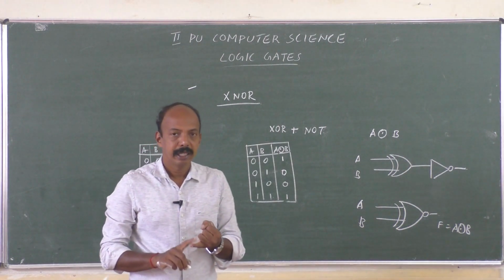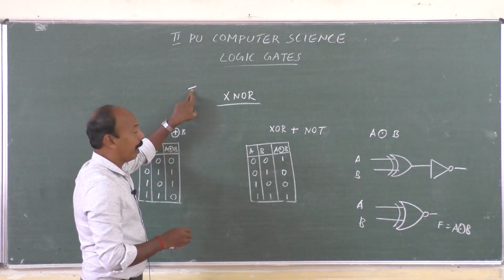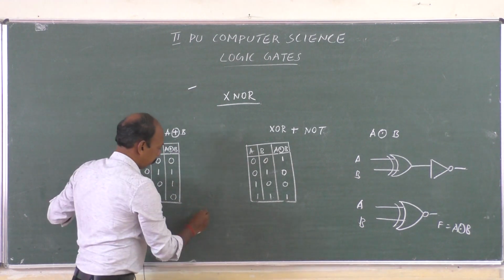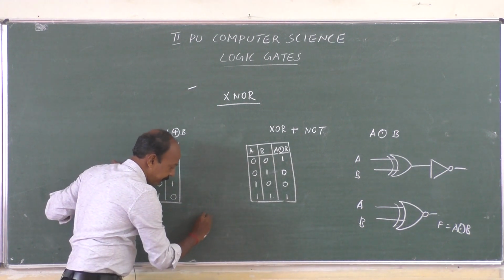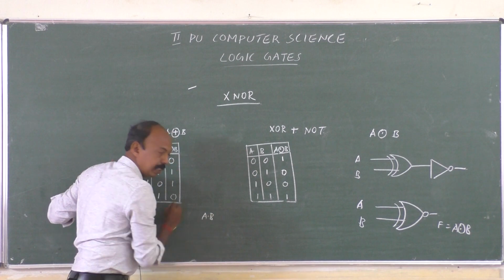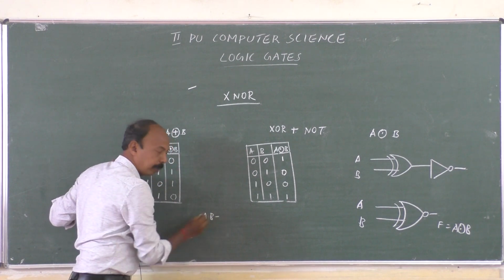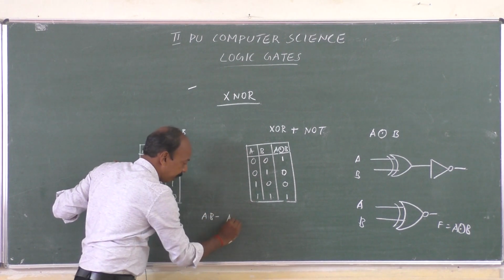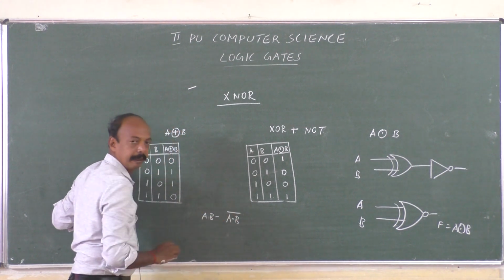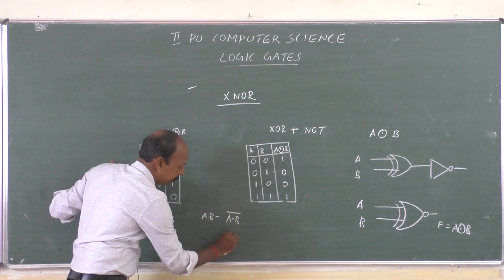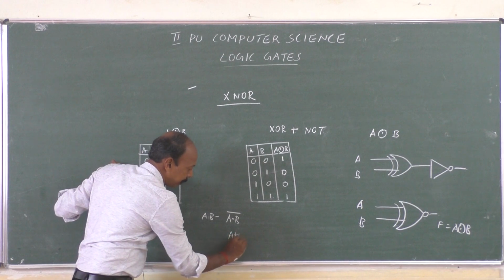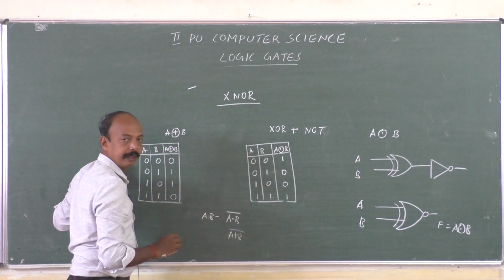NAND will be written with the bar above. If A and B are the inputs, how will we write the NAND? A dot B whole complement. For NOR it will be A plus B whole complement.